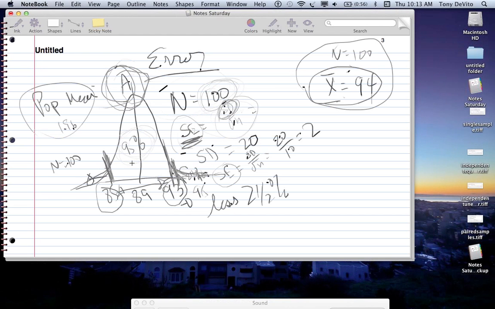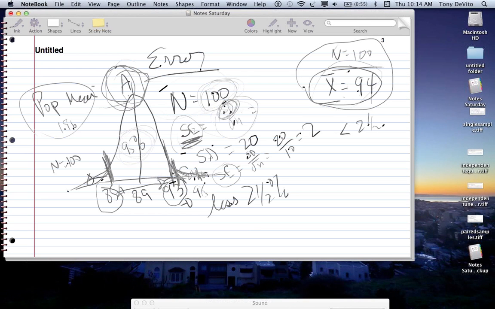That's if I knew it was only going to be too high. Since this is symmetrical, what I'm looking at is something that's 2.5 standard deviations away from the mean, because it's 5 away from the mean and the standard error is 2. I also have to account for the other side. If this is a single-sided test, we only look at this side, and there's less than a 2.5% chance of this sample of 100 being from this population.